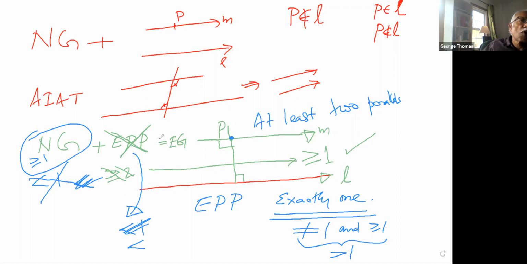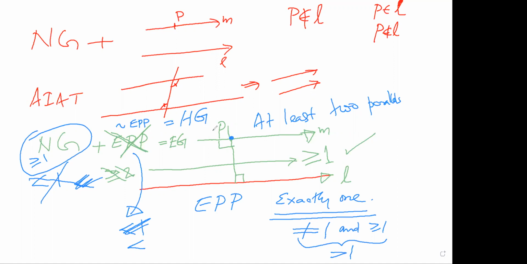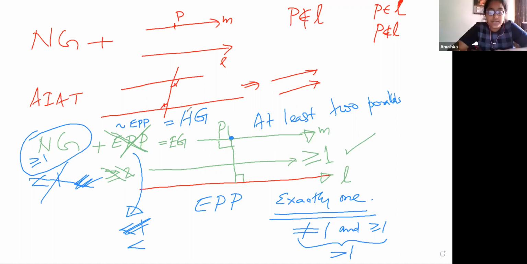So the opposite of EPP, that is what we are learning in this course. If you add the opposite, what geometry do you get? Yes, Anushka. Hyperbolic geometry. We get hyperbolic geometry.